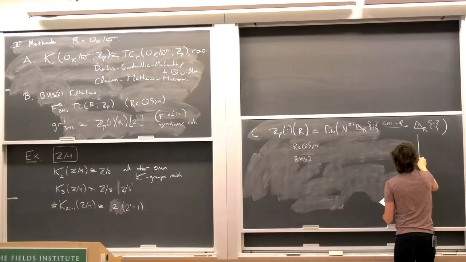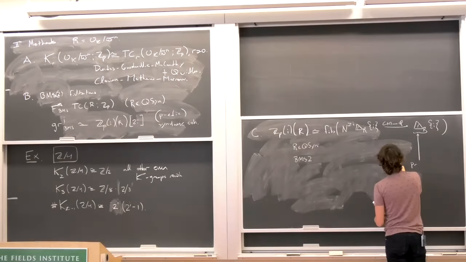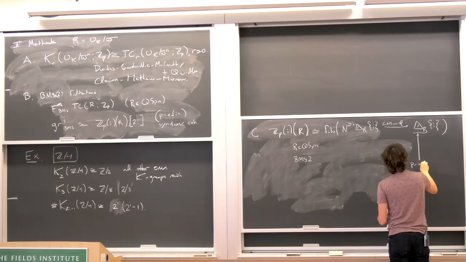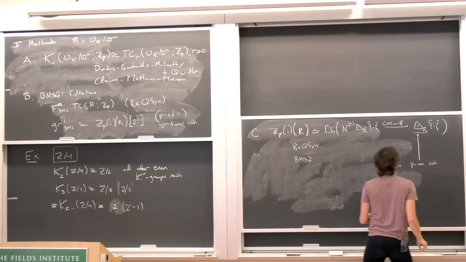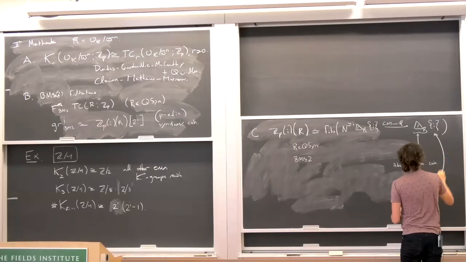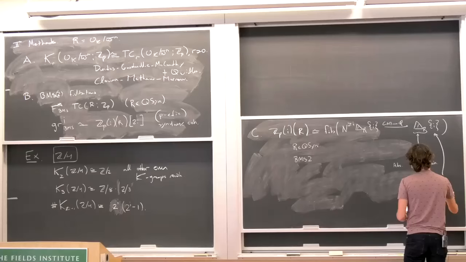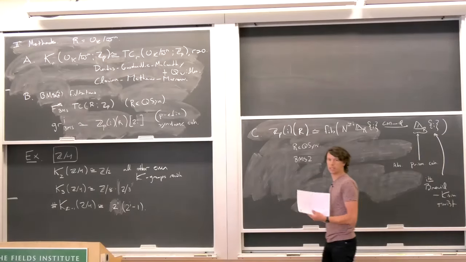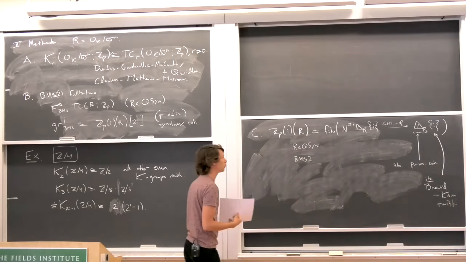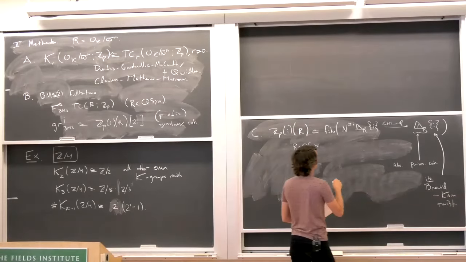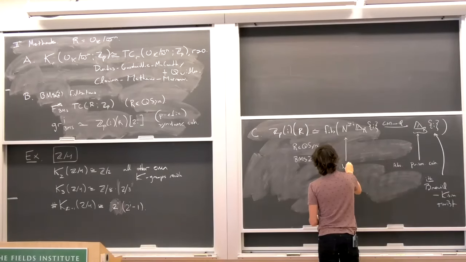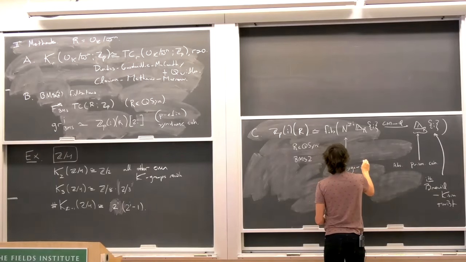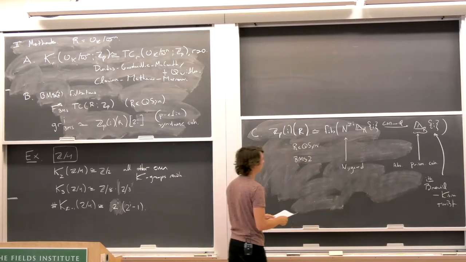What are these objects? Prism R, this is the absolute prismatic cohomology. This is the i-th Breuil-Kisin twist, which is behaving as a Tate twist in this context, a Tate twist familiar from étale cohomology. And then this refers to a Nygaard filtration, another filtration on this object.